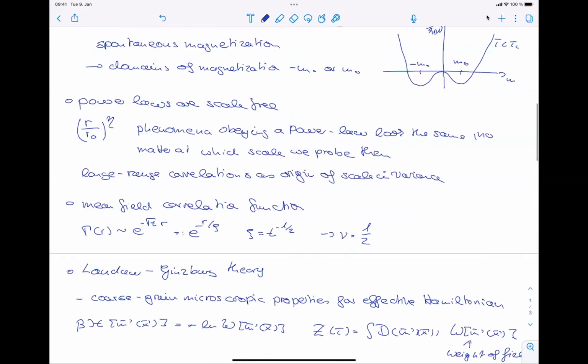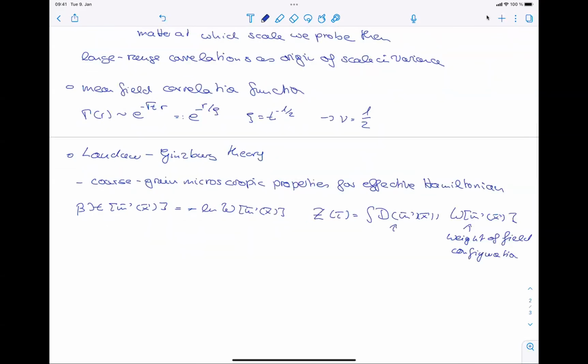And this is integrating over all field configurations.